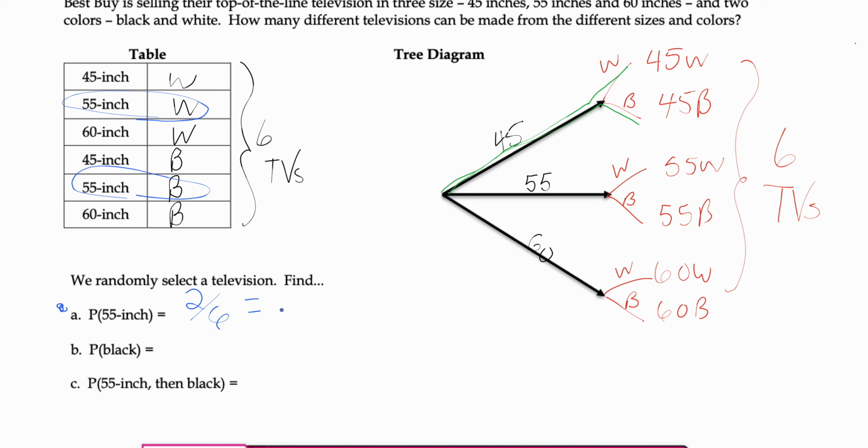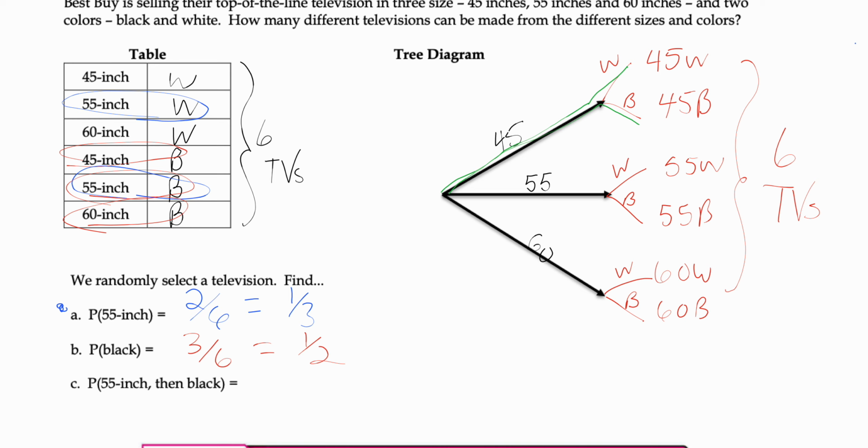So I'm going to say 2 out of 6, or 1/3. If I'm looking for a black television, it looks like I have 3 options in the black televisions, which of course simplifies to 1/2.